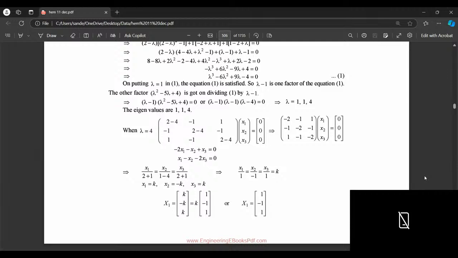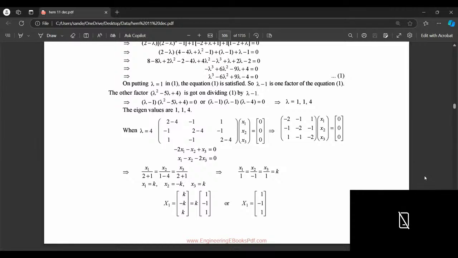The matrix equation is matrix A minus lambda I into x equal to 0. We have to write each and every step clearly. For lambda equal to 4, first for different eigenvalue, lambda equal to 4, you will get three different equations from the system.